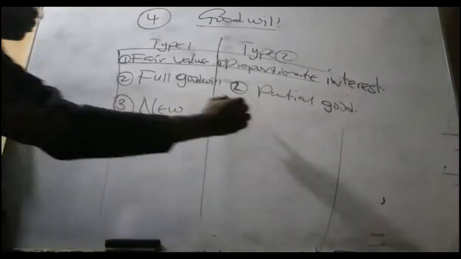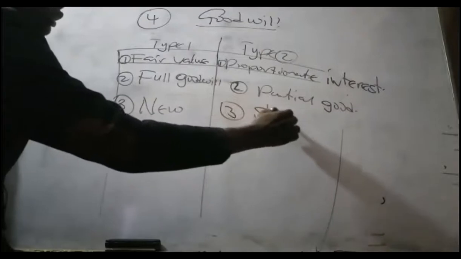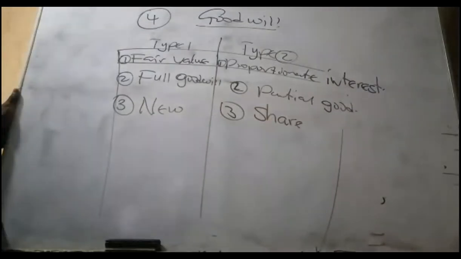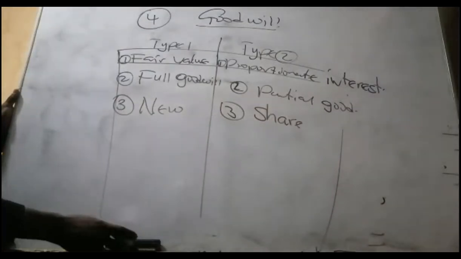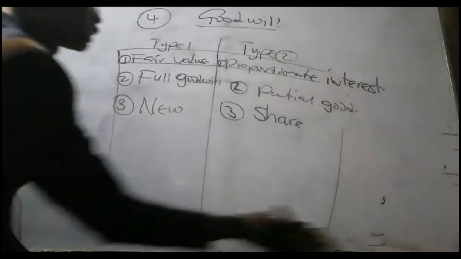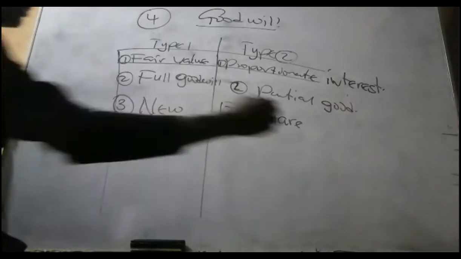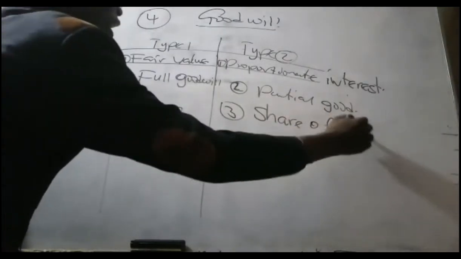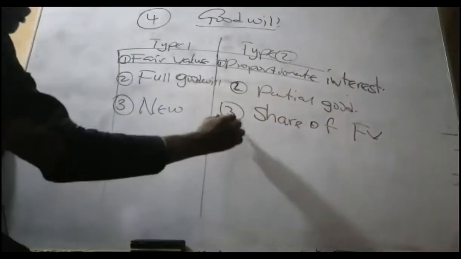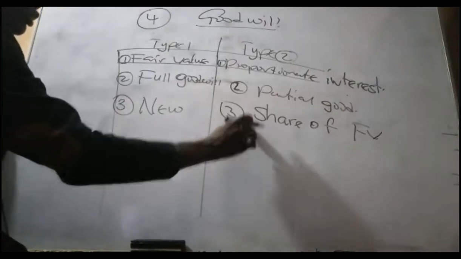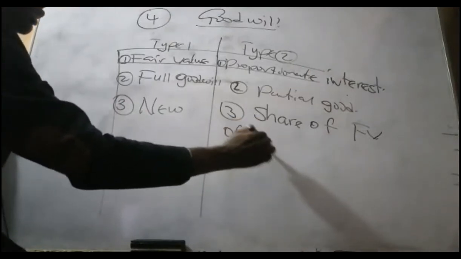It's also called share of fair value of identifiable net assets. In fact, when the examiner writes any of these in exams, it normally confuses. So let me write it. Share of fair value of identifiable net assets.